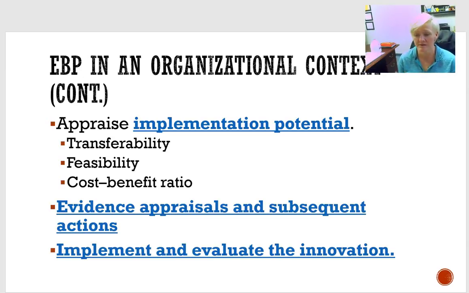So in an organizational context, again, you have to be able to look and see, can this be implemented? Is it transferable out of this one little pilot area that we're going to do it to other units? Is it feasible for us to do this? And then again, we come back to the money. Is it cost-benefit ratio? Is what it's going to cost us, we're going to make up for that and how it benefits us.